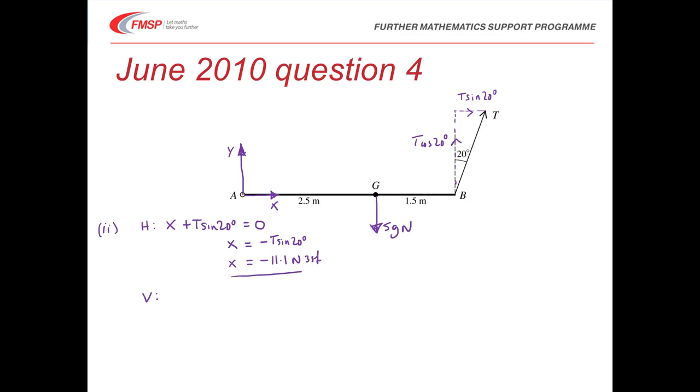Well, now let's resolve vertically. And upwards, clearly we've got Y plus T cos 20 upwards, and that's equal to the only force downwards, which is the 5g newtons force. Well, once again I can move everything over to the right and say that Y equals 5g, 5 times 9.8, minus T, which you remember was 32.6, times cosine of 20 degrees.